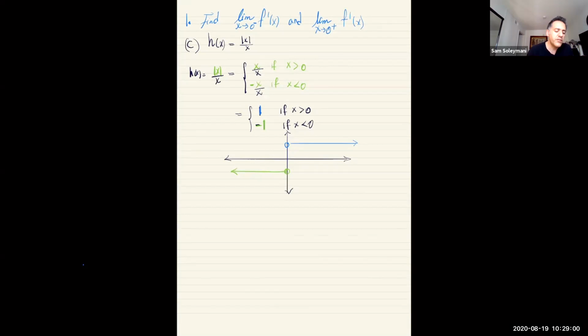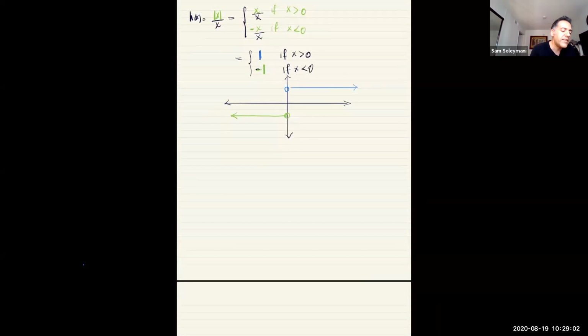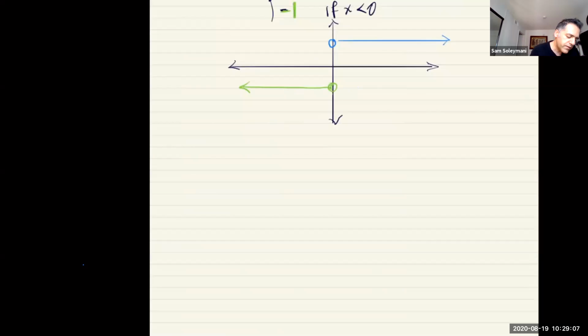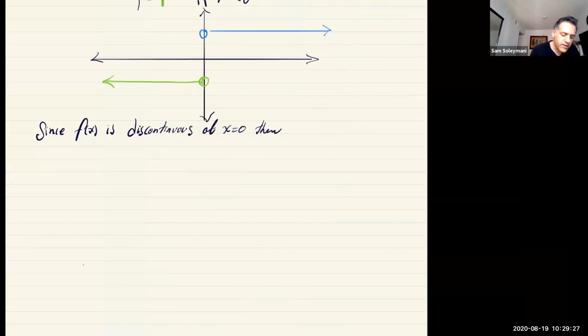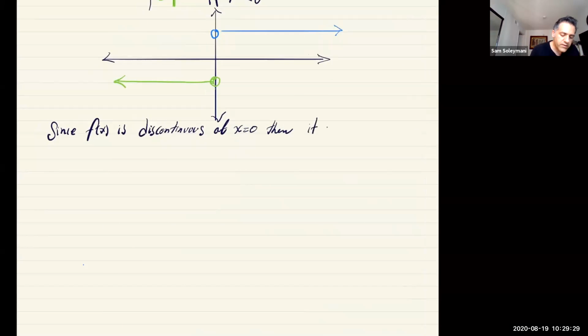It is not differentiable. So that's the reason. Since f is discontinuous at x equal to 0, it is not differentiable.